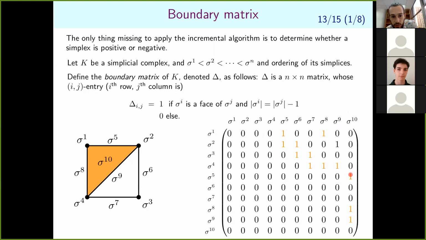So I put a 1 in front of sigma 5, sigma 8, and sigma 9. Okay? The boundary matrix totally describes a simplicial complex. If you're given a boundary matrix, you know what its corresponding simplicial complex is.